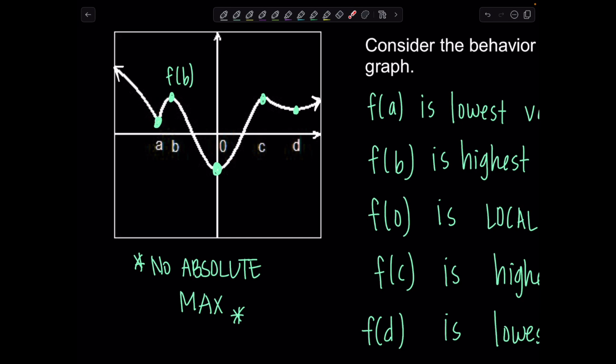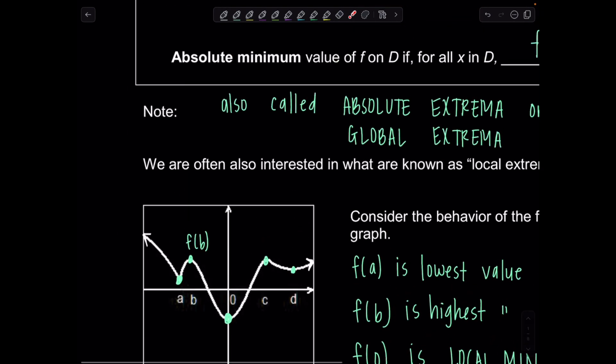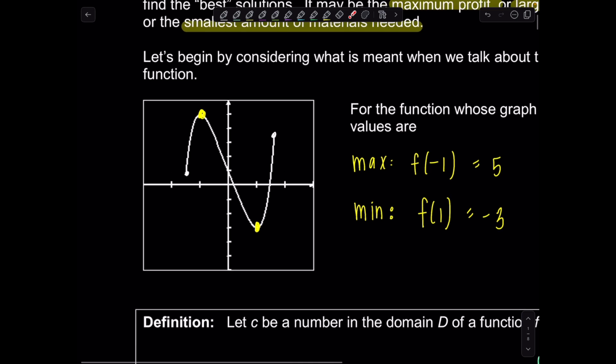That means you can't have a local max or a local min be the endpoint of a graph. So we looked at a graph earlier. See how this has endpoints? This can't be a local min, because there are no points to its left. There's no open interval or neighborhood around this point. This also cannot be a local max because it is an endpoint. Okay, so local mins and local maxes cannot be endpoints.